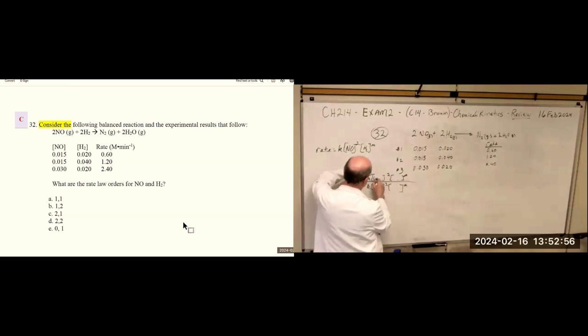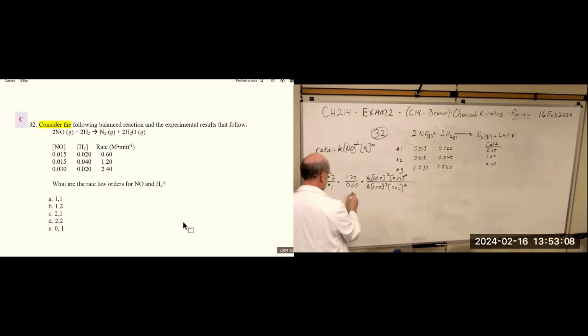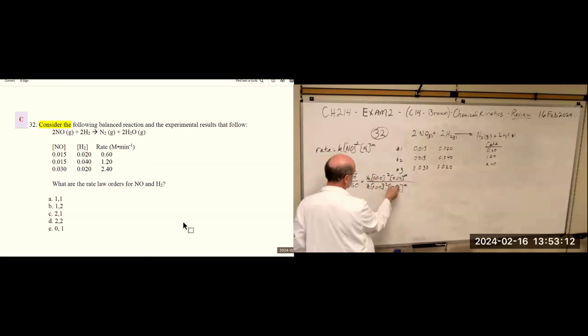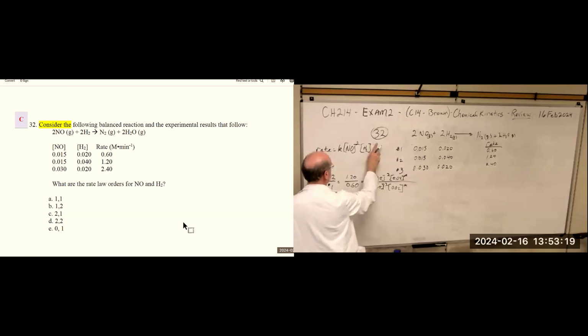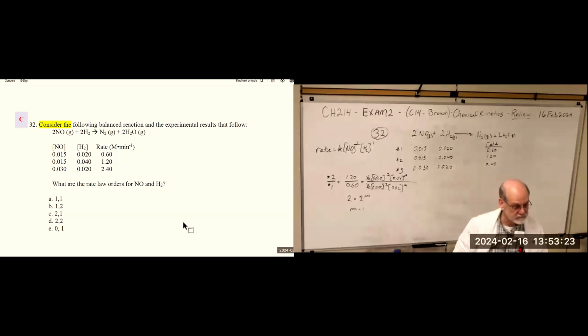And then this one is going to be 0.015 for both of them. And this one's going to be 0.04 and 0.02. Right, so this is 2. This cancels, and this is 2 to the M power, M equals 1. So that one is 1. So the orders are 2 and 1. C.